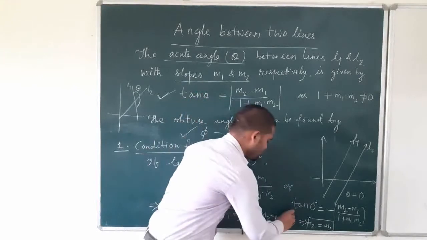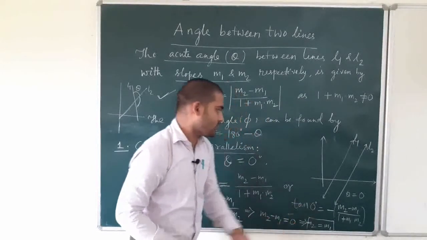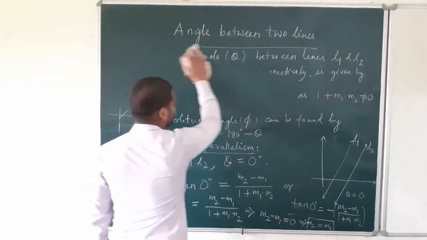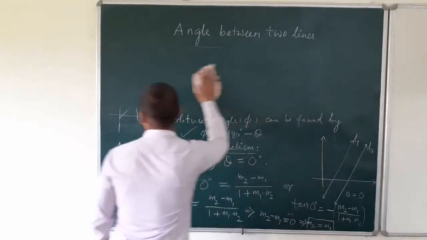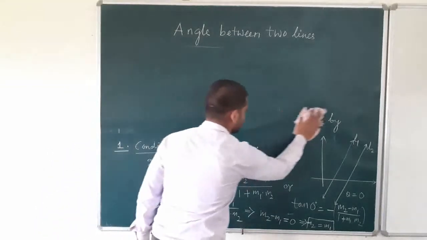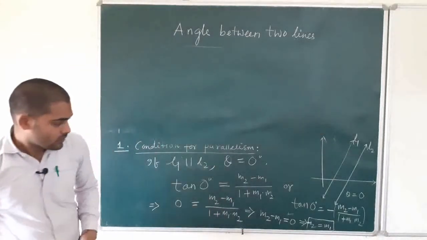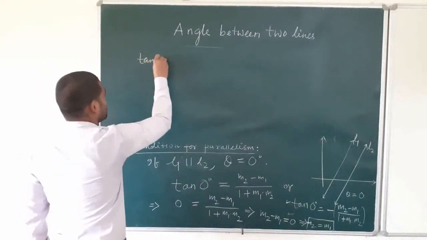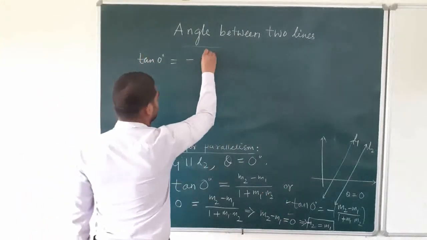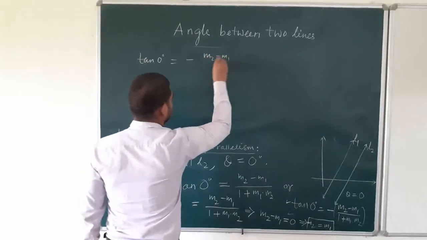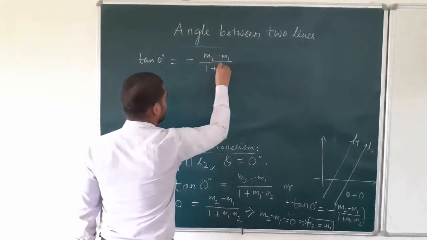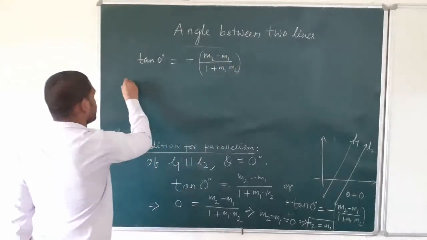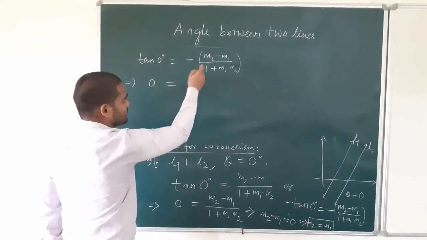If we take this one, tan 0 degree is equal to minus m2 minus m1 by 1 plus m1 into m2, then also you get the same result.